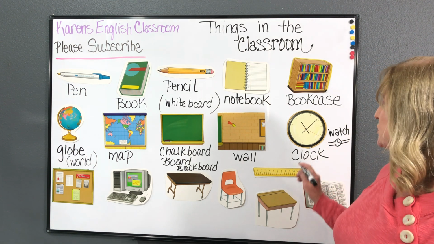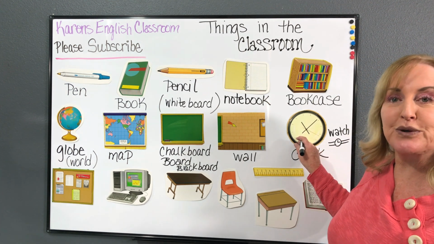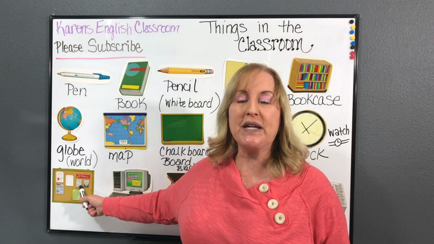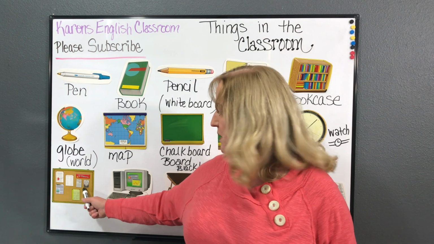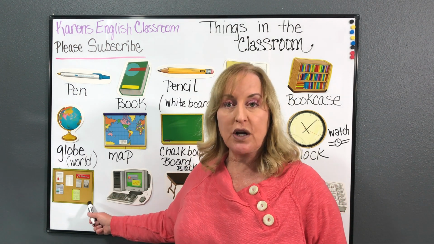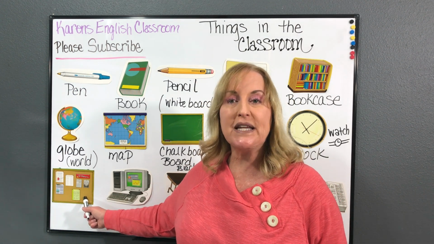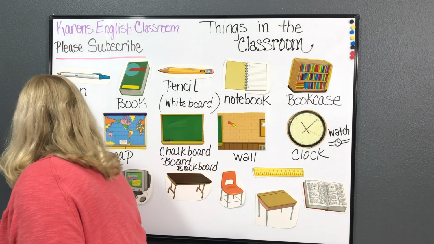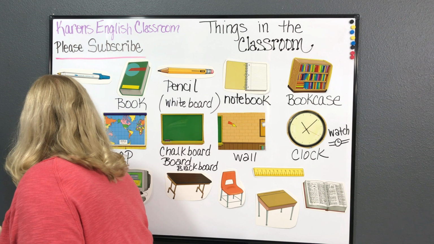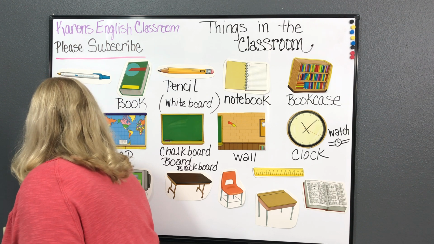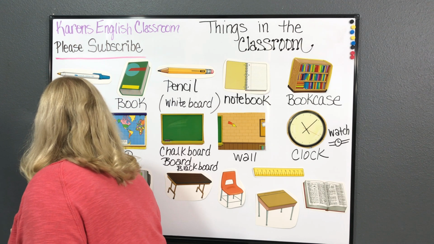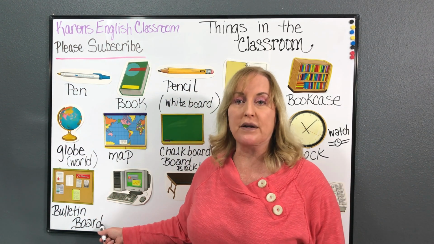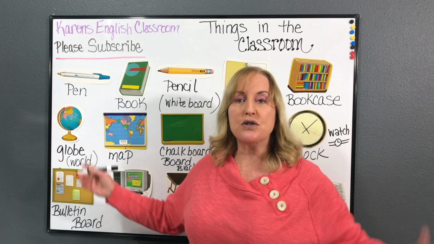All right, so the watch. But this one, clock in the classroom. All right, let's look over here. This one here is for notices and students' work. This is called bulletin board. It's usually big.